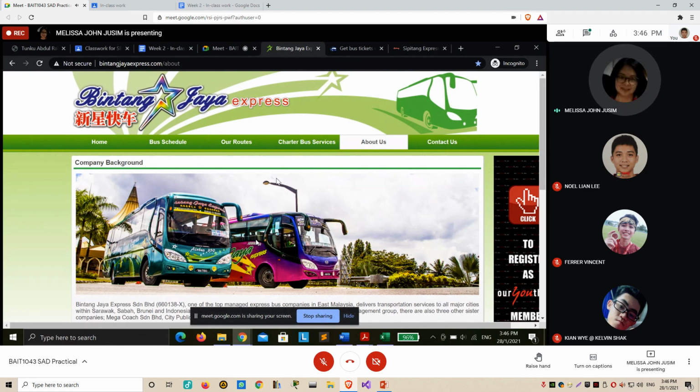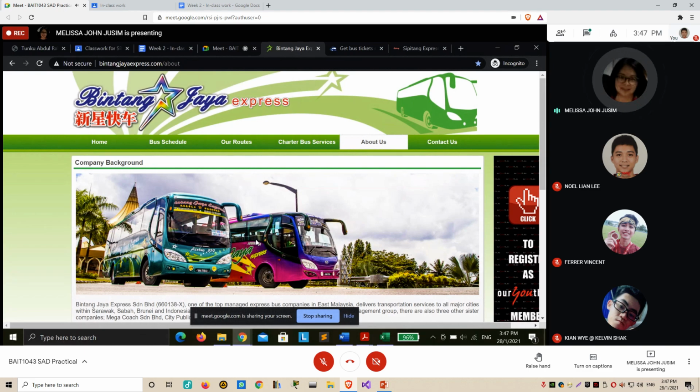If that is your story, then perhaps you want to do your bus ticketing system online, allowing bus passengers to buy tickets online from Speed Bus. This is where I want to listen to your story.